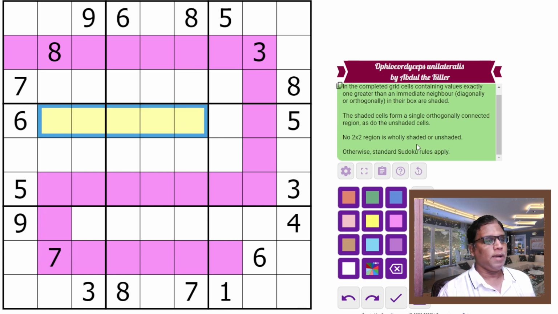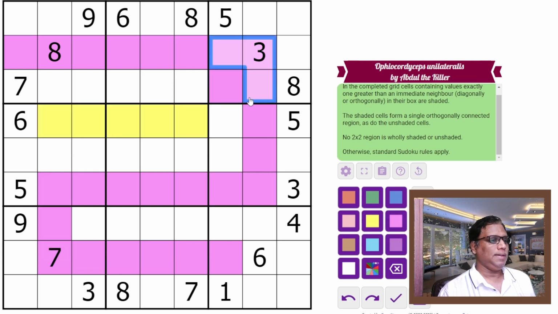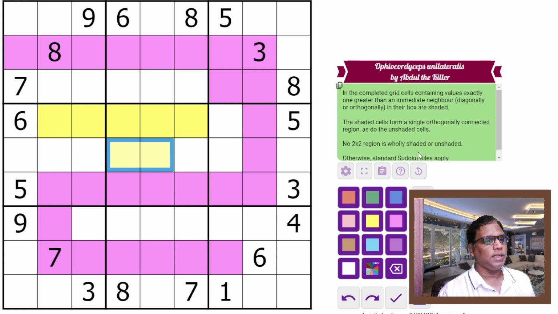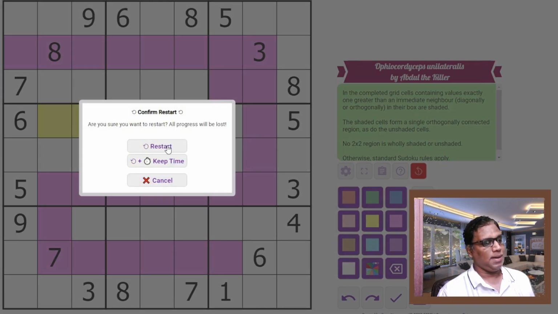No 2 by 2 region is wholly shaded or unshaded. So this is not possible: if this entire thing is fully shaded, that is not possible, and likewise it cannot be fully unshaded. Otherwise, standard Sudoku applies, which we have already said. So this is both the shaded neighbors as well as the Yin Yang rule, and with that, let's start.